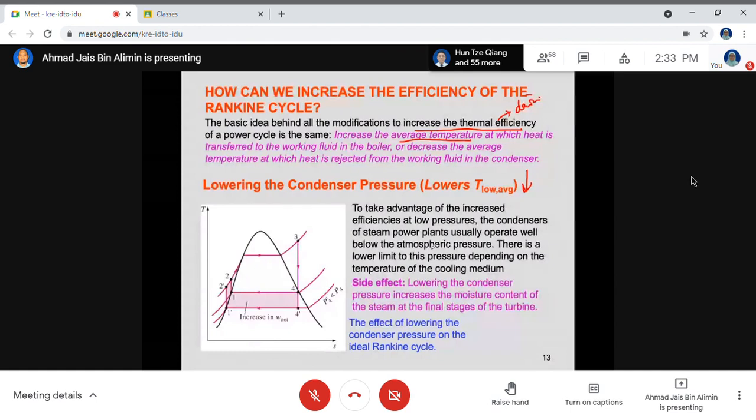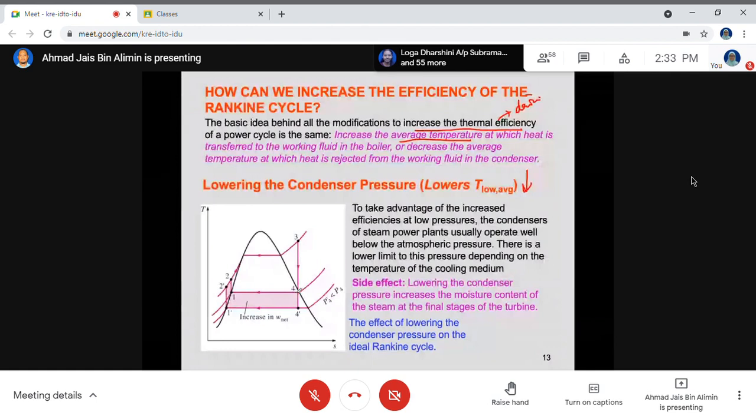Okay. However, bear in mind, kita akan tahu dia punya kesan sampingan. Lowering the condenser pressure increases the moisture content. Sebab apa moisture content bertambah? So dome ni kan dia pergi ke kanan kan. So 1, 2, 3, 4 ialah kalau tiada penurunan tekanan kondenser.